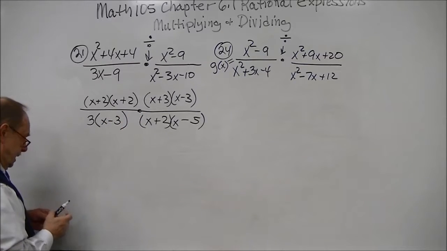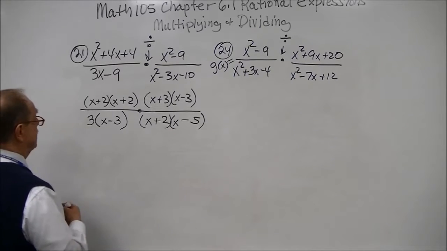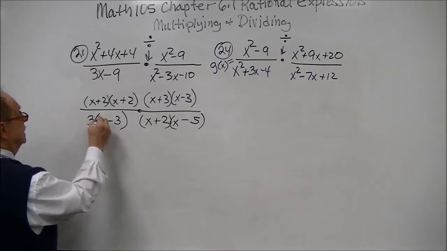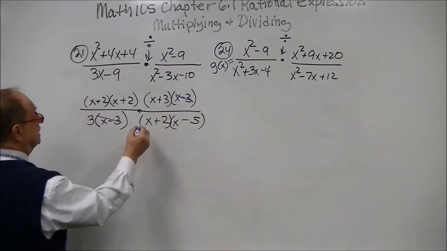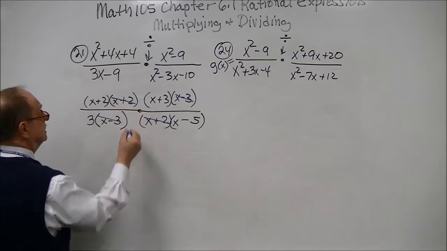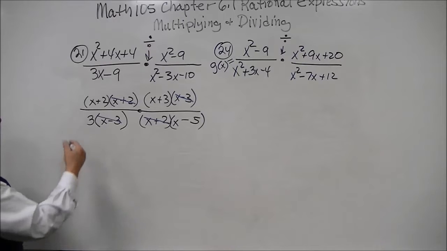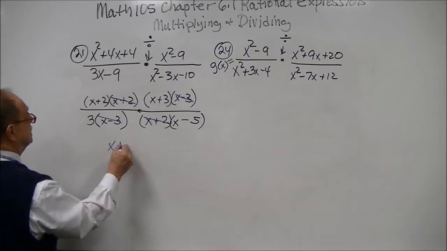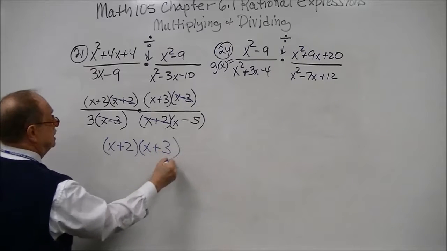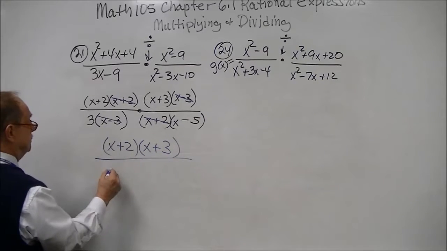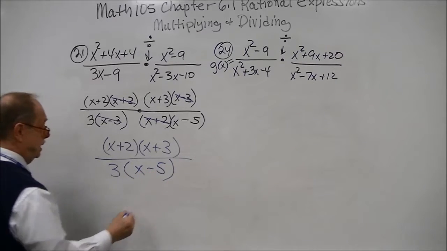So as we cancel out, this will cancel with this. This cancels with this. And what we're left with then is x plus 2, x plus 3 all over 3 times x minus 5.